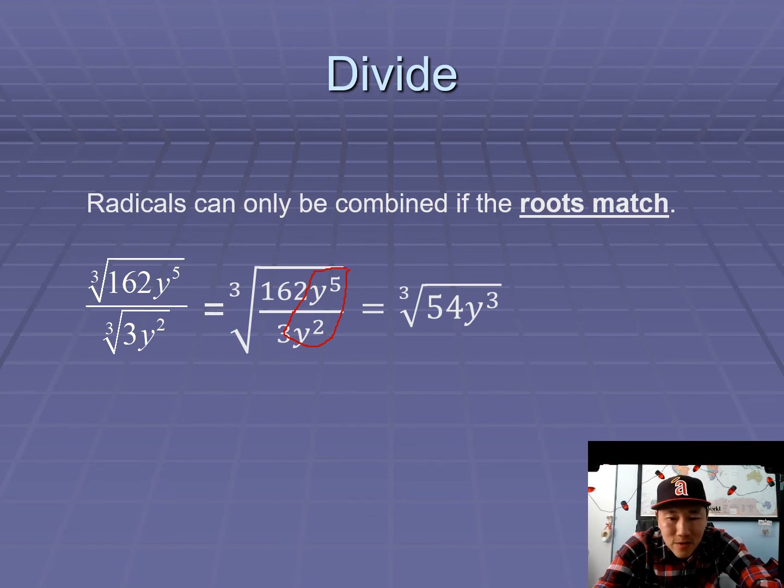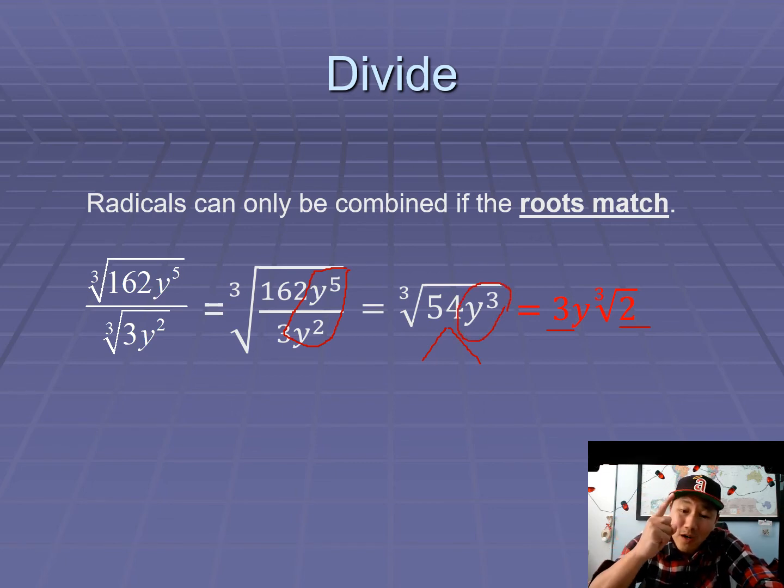And then from here, you have to break it down. But again, that was last section, so I broke it down for you. We have the 54 breaks down to a 3 radical 2. And then the y to the third power, you have to find triplets, and there's only one triplet. So I pulled out a y.